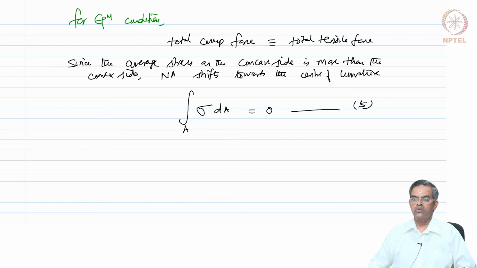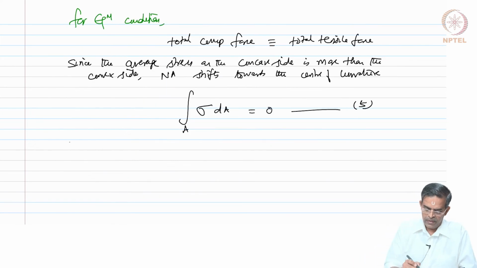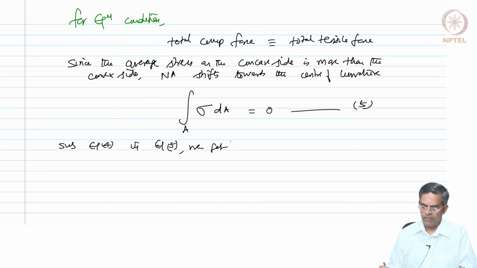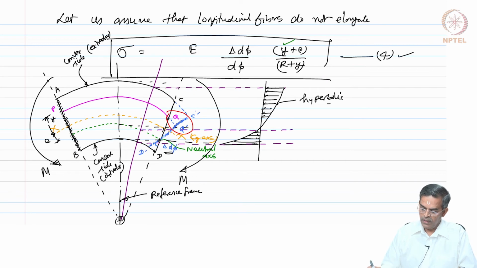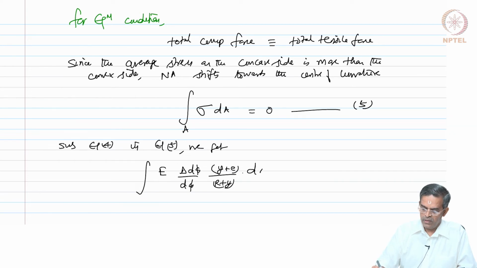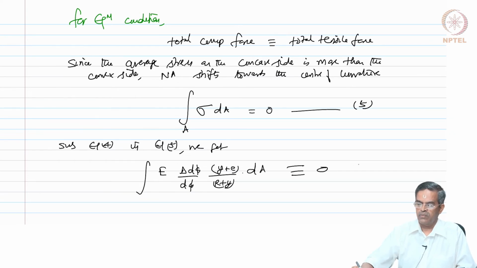Let us substitute equation 4 in equation 5. So, substituting equation 4 in equation 5, we get the integral of E d phi by d phi times y plus E by R plus y dA set to 0, correct?